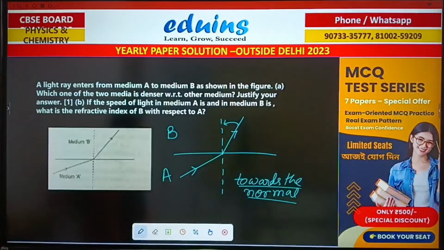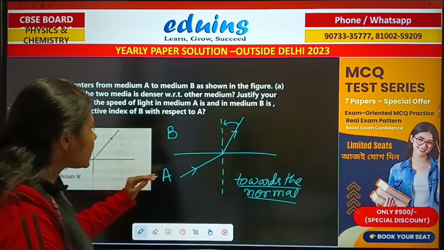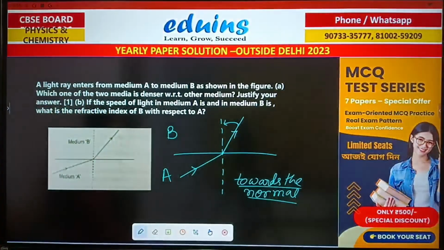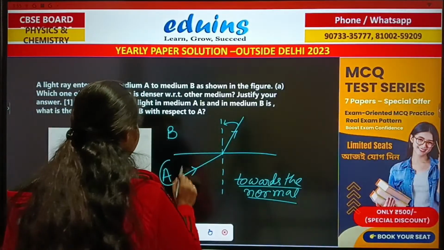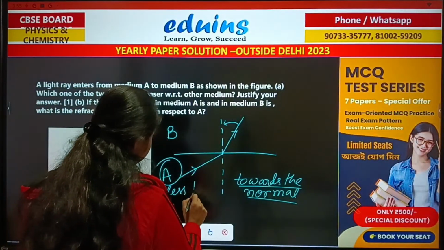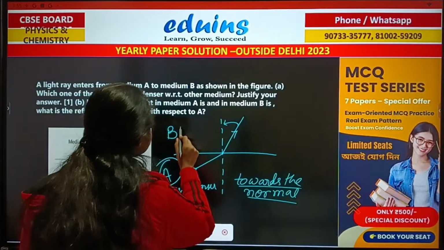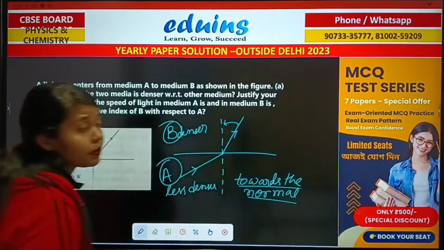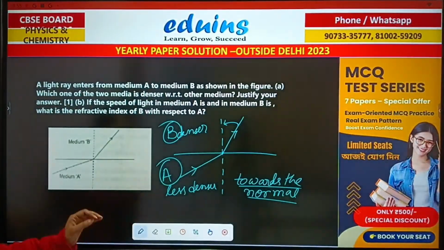Okay. When does it happen? When the medium is denser than the medium from where the light came. So medium A is less dense. So the denser medium is medium B, because the ray moves towards the normal.